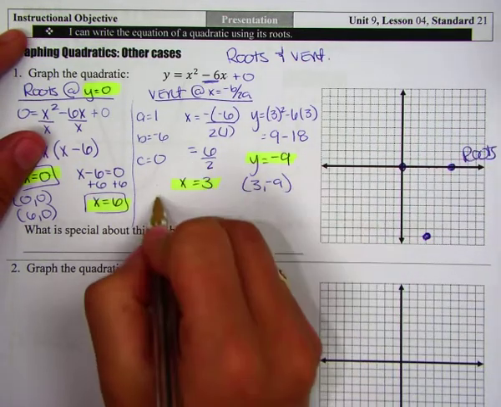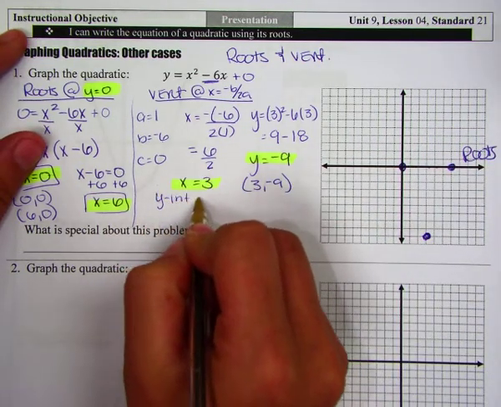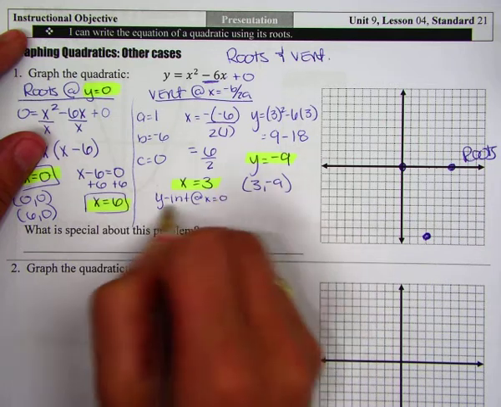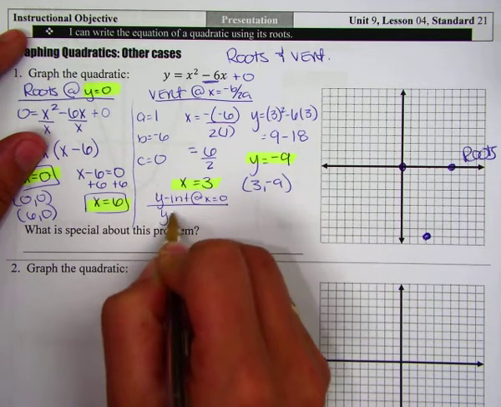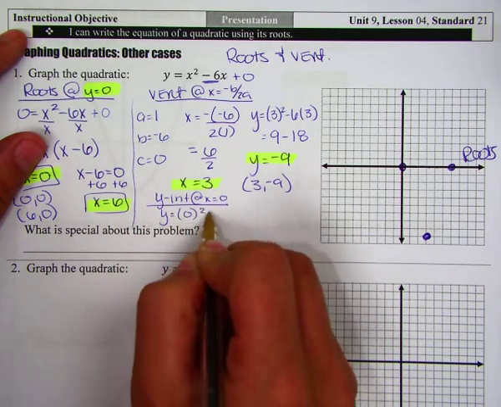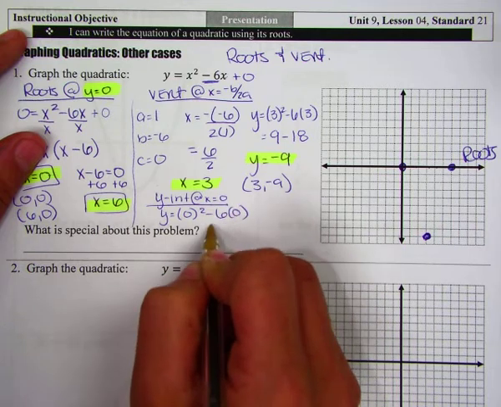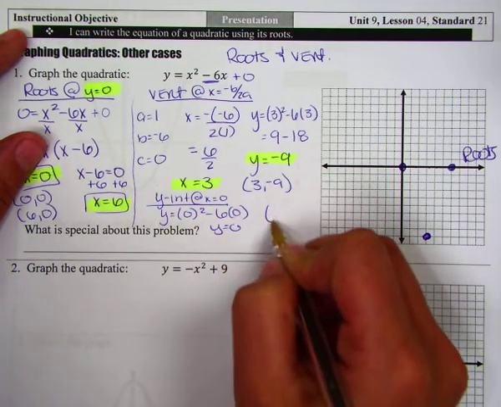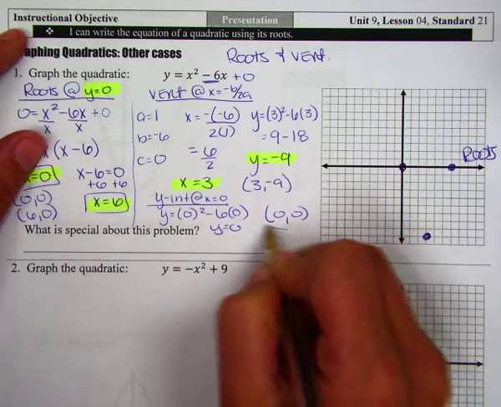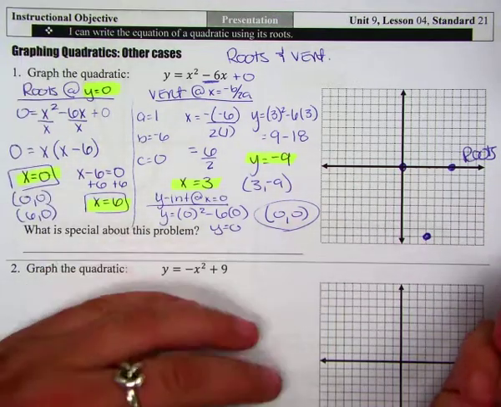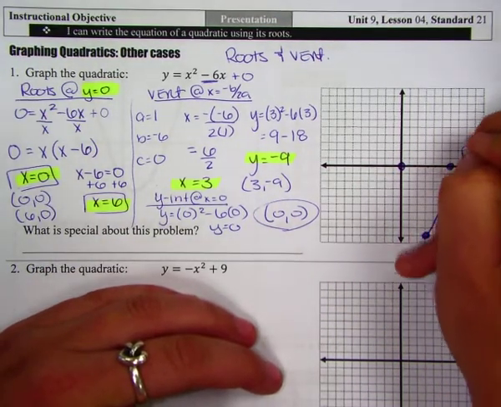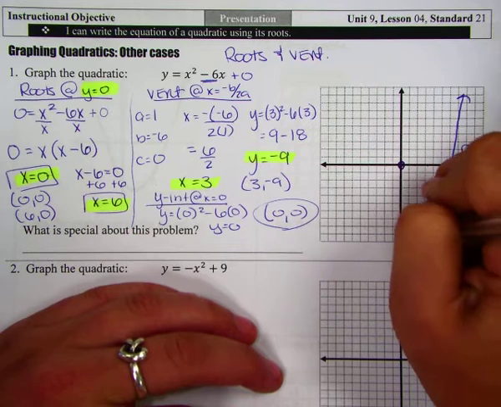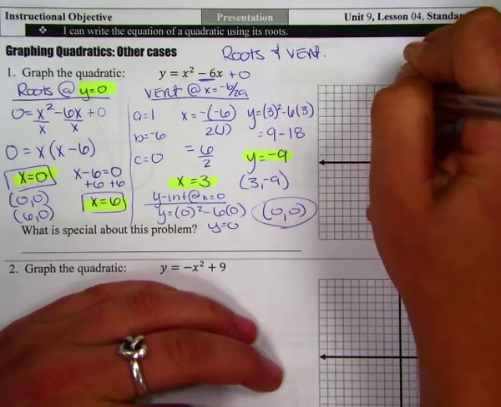Okay, quickly let's solve for the y-intercept. It's at x equals 0, so y equals 0 squared minus 6 times 0, which means y equals 0. The y-intercept is (0, 0), which makes sense. So what is special about this problem?